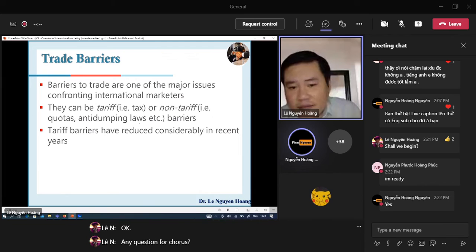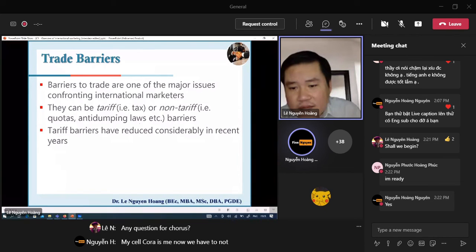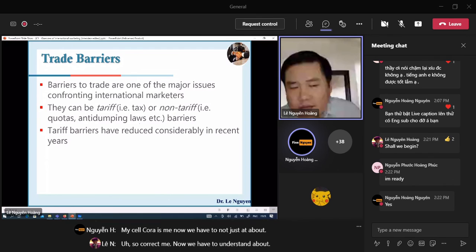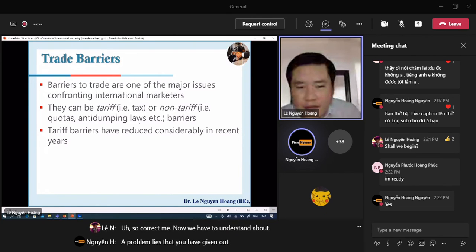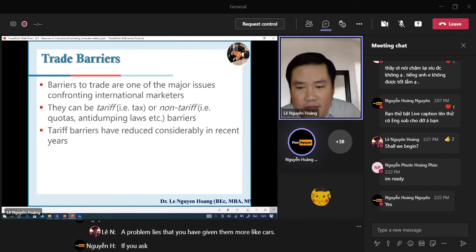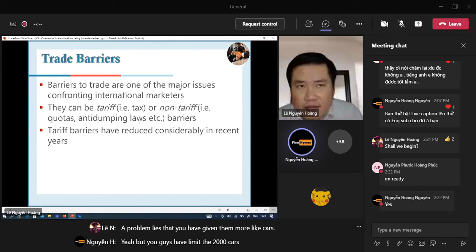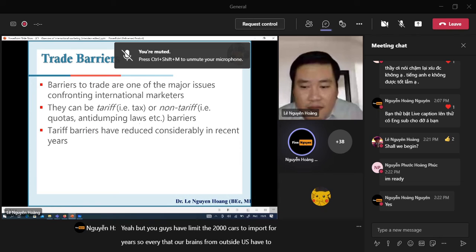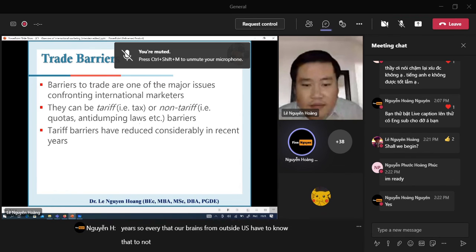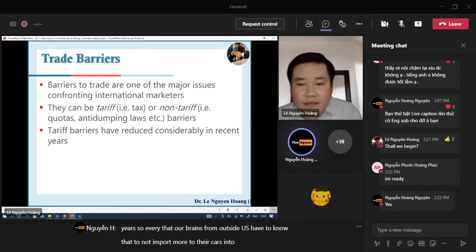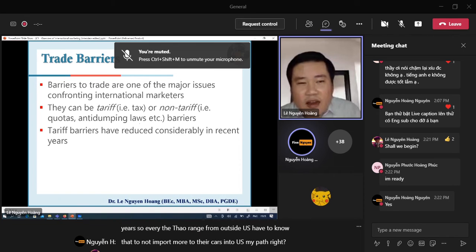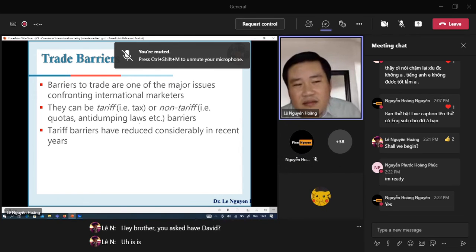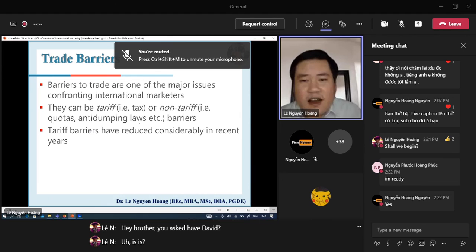So with quota we have to notice the problem, like in the example you gave, if the US has limited imports to 2,000 cars per year, the car brands from outside the US have to know not to import more cars into the US market, right? Yeah, you nearly got it.